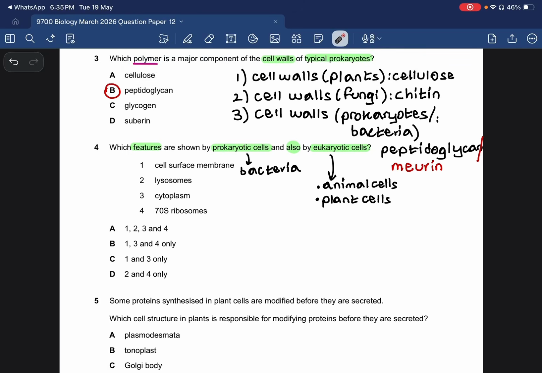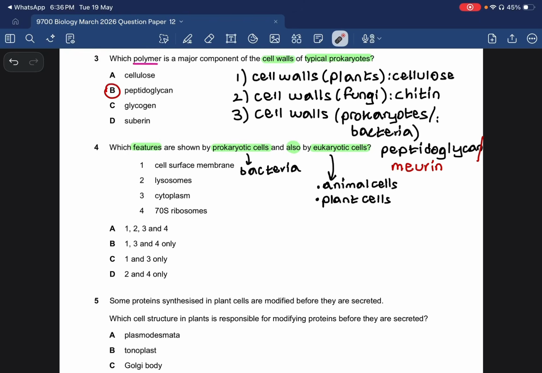Now, why do I ask you to remember two? Because think about it. If let's say you only remember animal cells, and you have completely forgotten about plant cells, and the question is asking you what features are shown by prokaryotic and by eukaryotic cells. Now, you might be thinking, oh, bacteria has cell wall, but animal cells don't have cell wall. So, cell wall is not a feature that's common in eukaryotic cells.